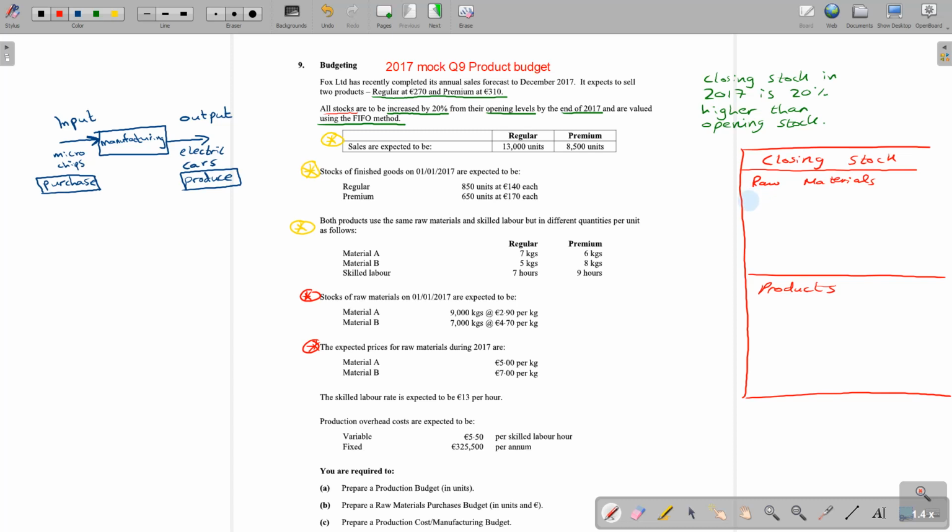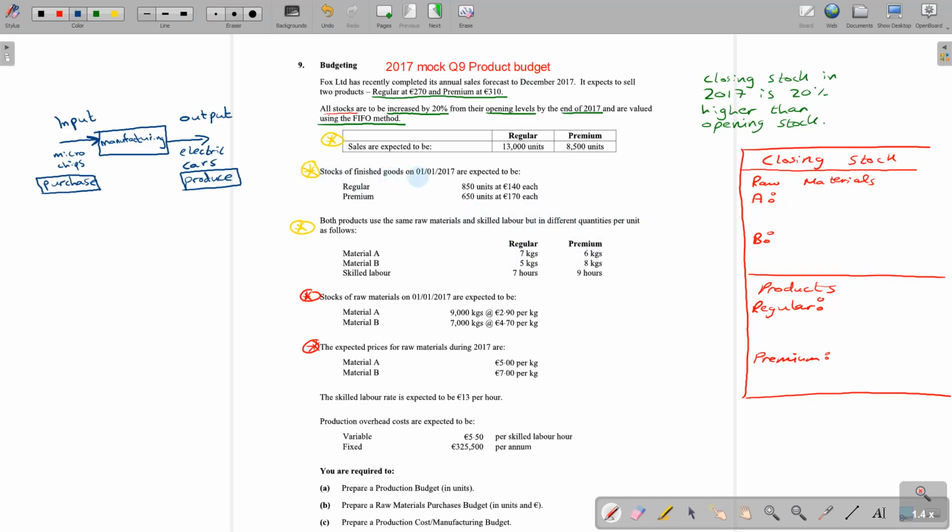So we have raw material A and B, and we have product regular, and we have product premium. So with that, we just have to get whatever it was.